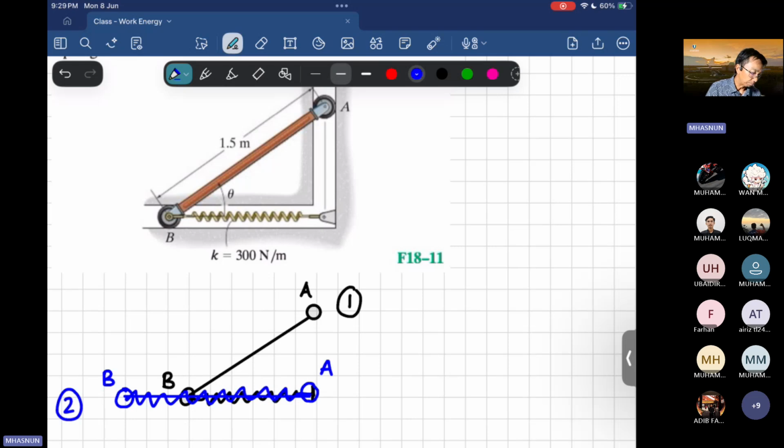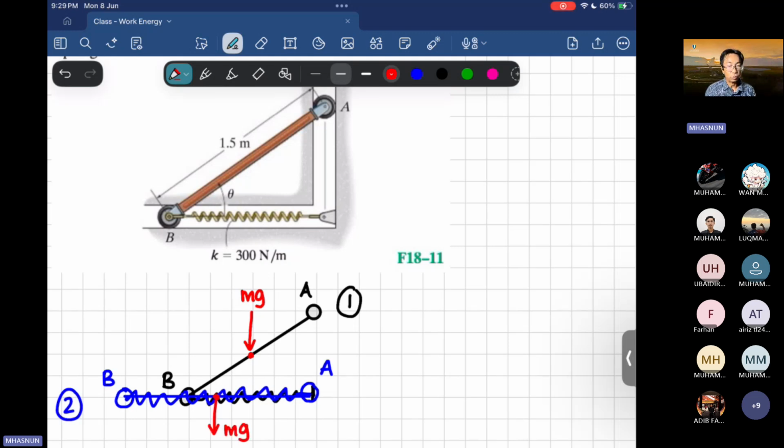Alright. So let's look at how many work done that we have here. So we have, this is the center of gravity, point G, and at point G we will have mg pointing downwards. Okay, and at the second position also, point G will be somewhere here in the middle, and we also have mg pointing downwards.